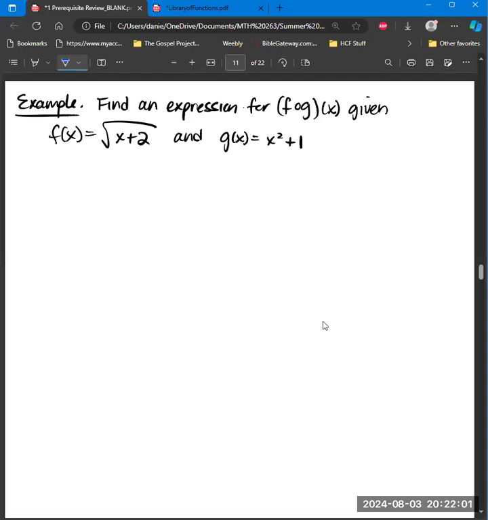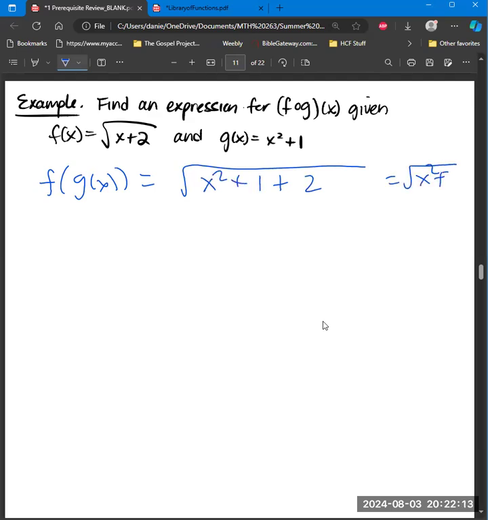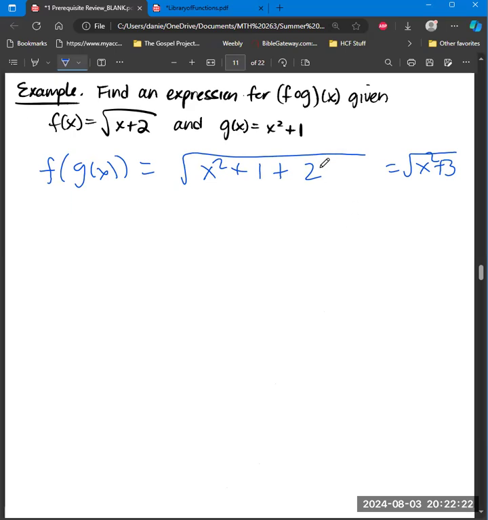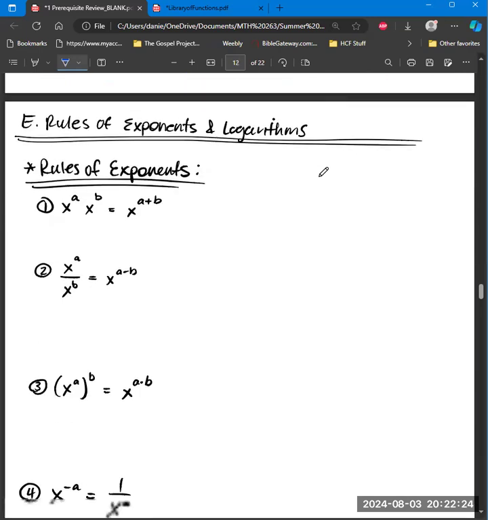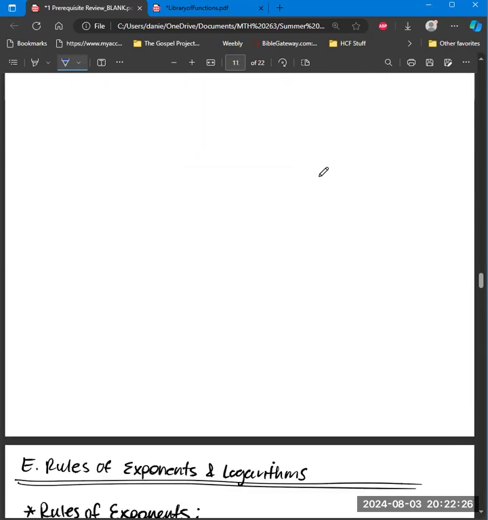Decomposing is something we'll do in a little bit, but if we want f of g of x, then that's going to be square root of something plus 2, and g is x squared plus 1. So we get the square root of x squared plus 3, like that. We have to leave it like this. We can't break this up anymore because that's a plus sign in there. We only can break up that square root if it's a minus sign.